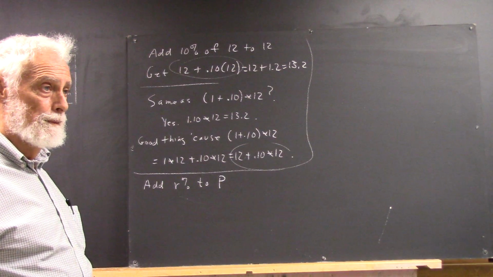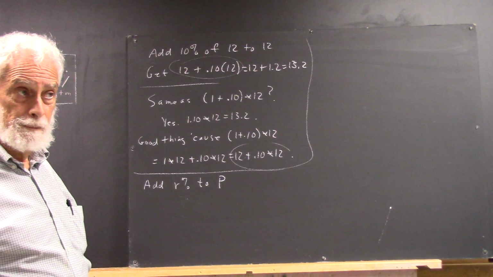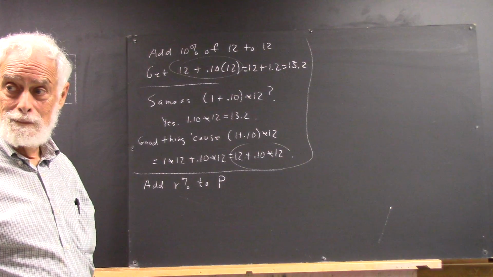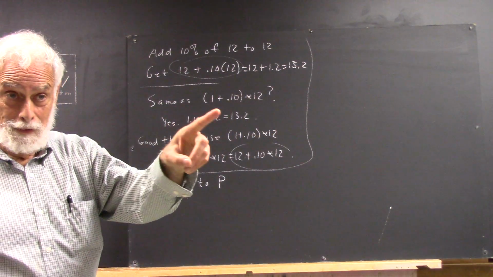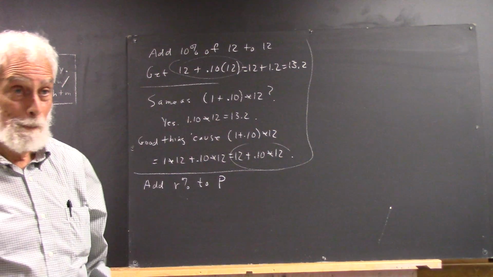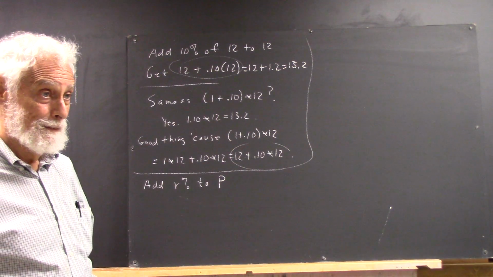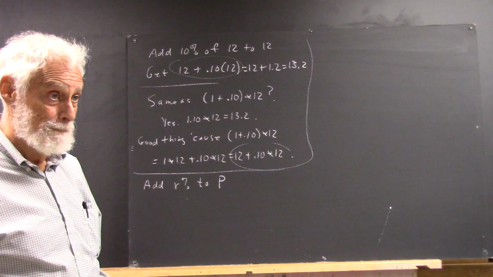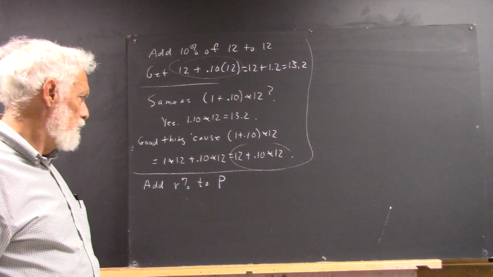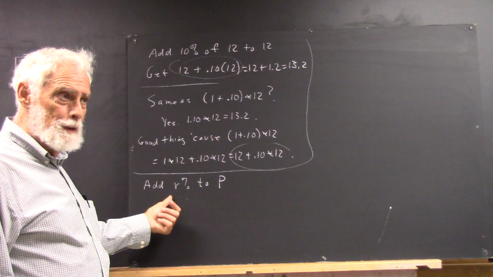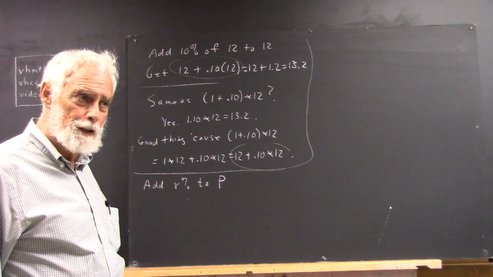First of all, how do you interpret R percent? Somebody else. Let Isaac think about it for a minute. 1 plus R, or like the decimal version of R, I guess. Okay, well, maybe you can't do the decimal version of R because you don't know how many significant figures R has.